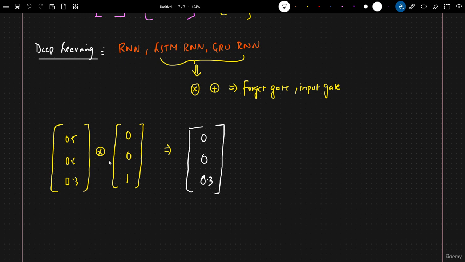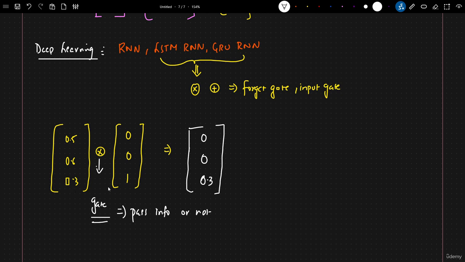So this element-wise operation can basically act like a gate which can help you pass information or not, right? Here you can see some information is not passing. Here also the information is not passing because when we multiply with 0, we are going to get 0.